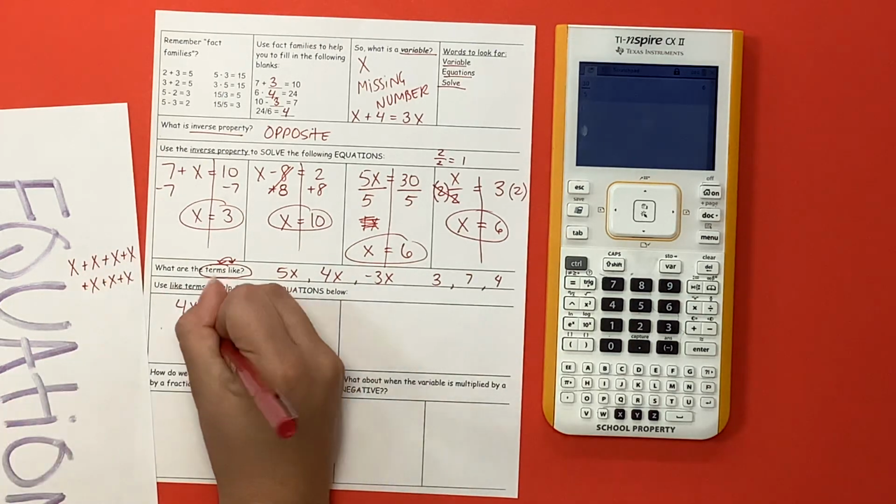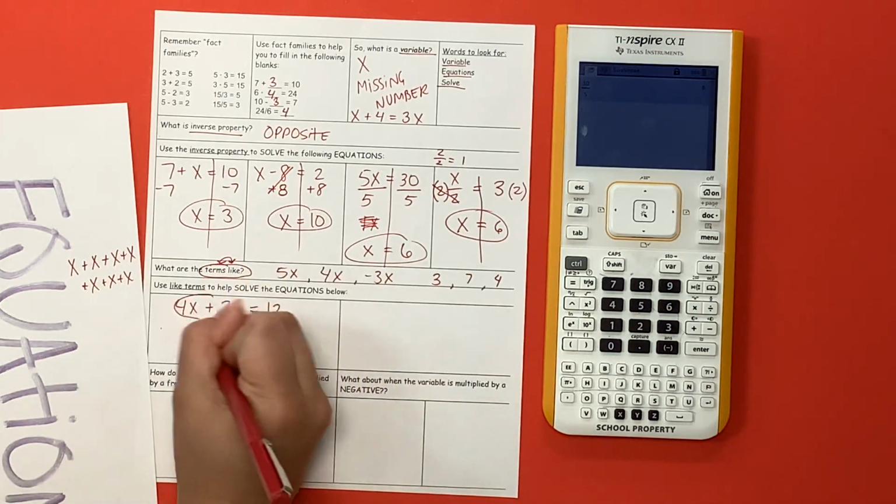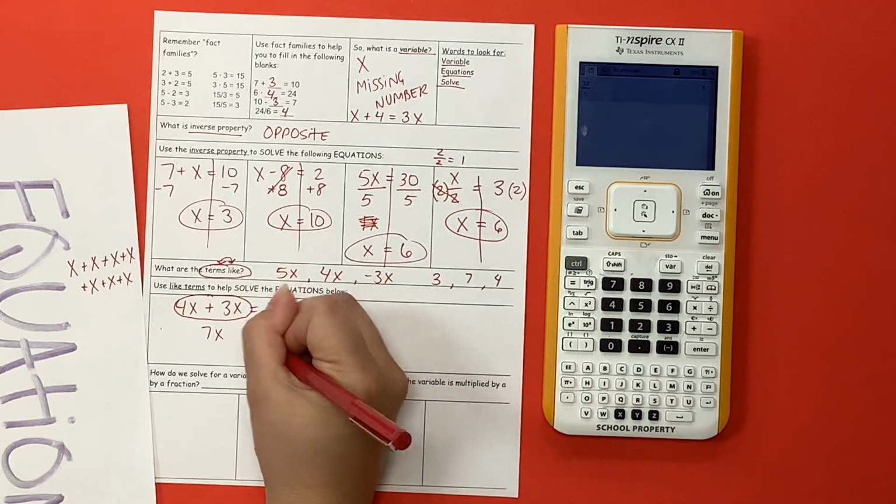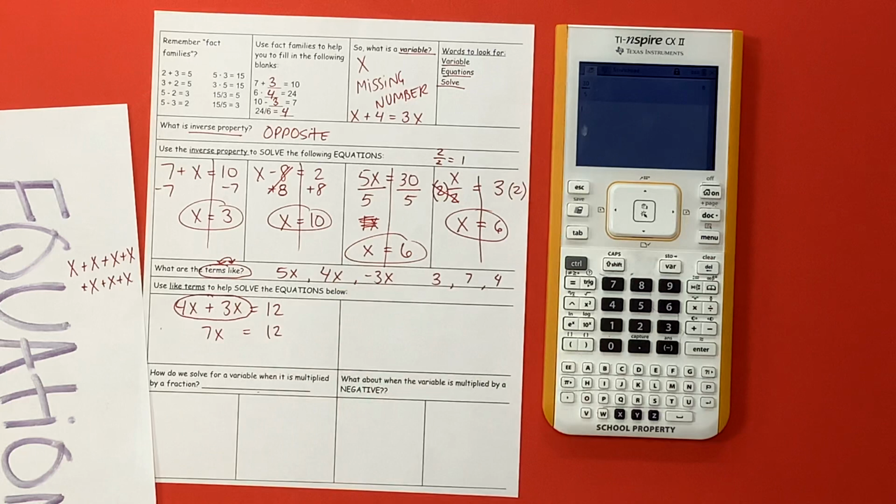Together, that makes 7x's. These two terms right here were alike. So before I start using the inverse property, I'm going to go ahead and put those together to make it simpler on my own brain. So I now have 7x equals 12.